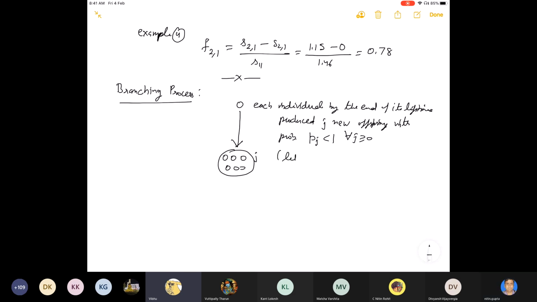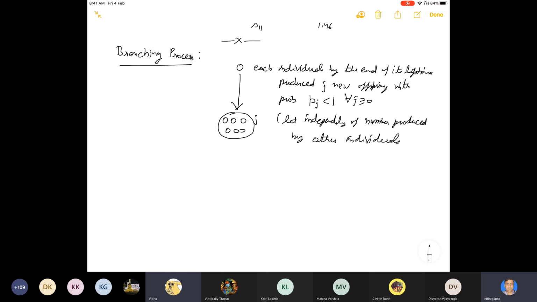So let us say X0 is the size of the zeroth generation.